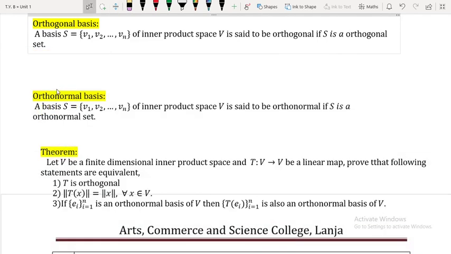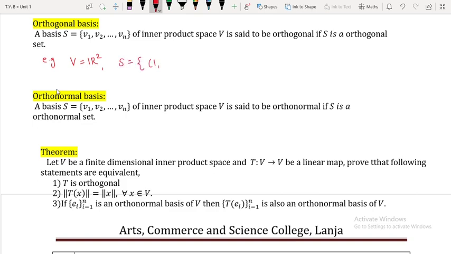So what is an example of an orthogonal basis? Whatever first example we have seen, if I take my V to be equal to R2, then S, which is equal to what was it? I guess 1, minus 1 and 1, 1, is an orthogonal basis of R2. Is that okay?